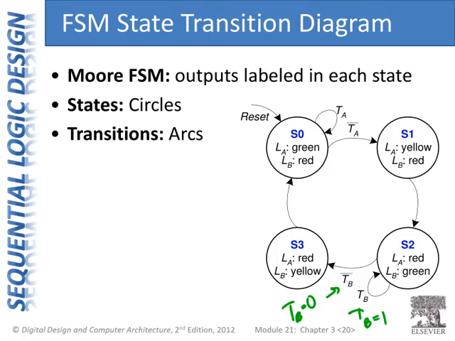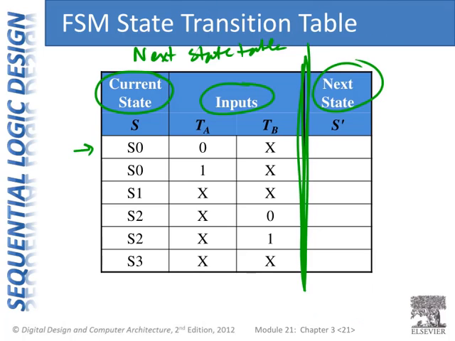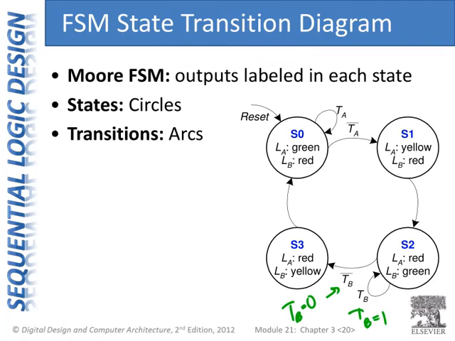If TA is low, we go to S1. If we're in the S0 state and TA is 1, however, we still have traffic on Academic Avenue, the next state is S0. So we stay in the S0 state.